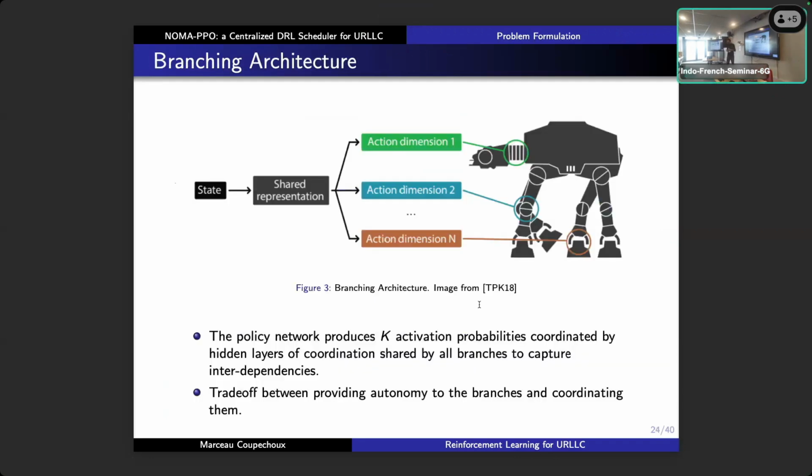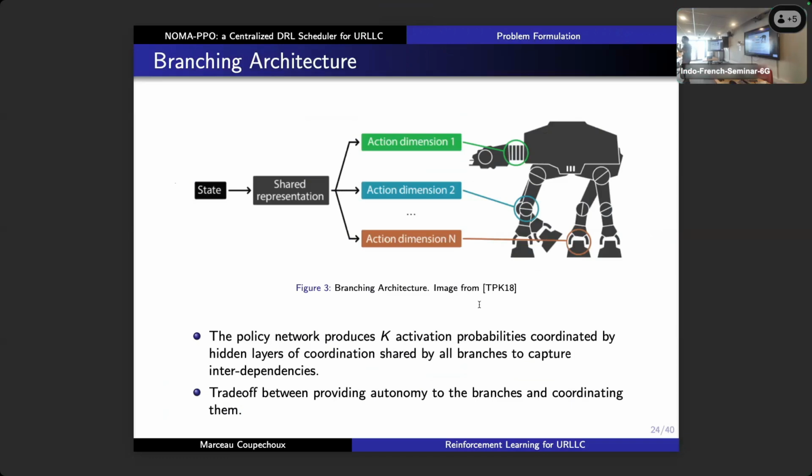How to deal with the combinatorial action space? The idea is taken from a branching architecture that has been proposed in 2018. The idea is to have in the policy network one branch per device only. One branch per device will provide a probability of activation of every device.